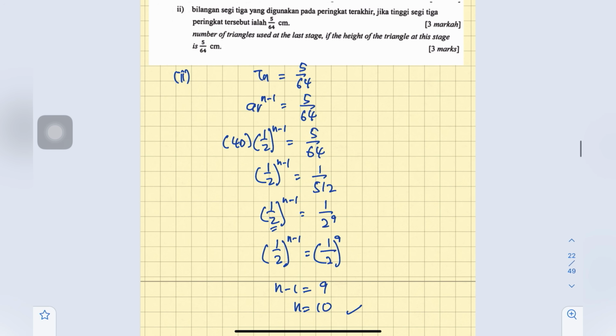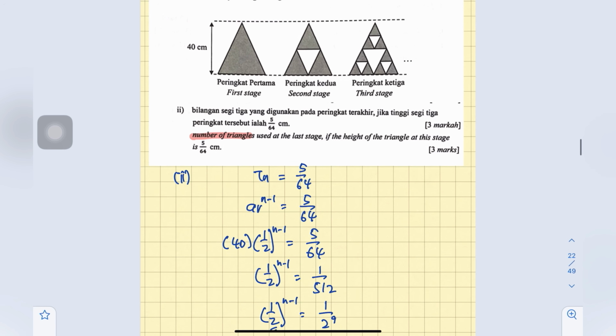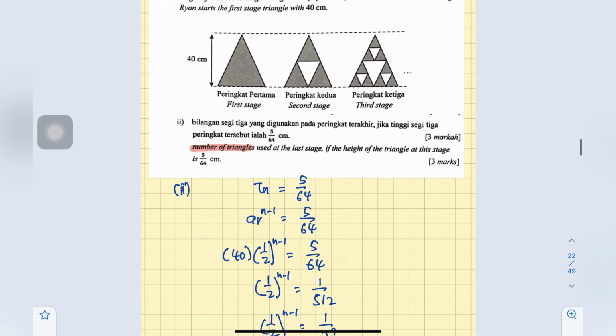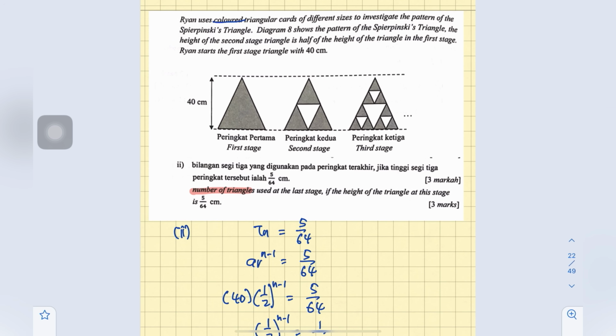But they want the number of triangles. So we need to create another progression for the number of triangles. Now look here, they want the coloured ones. The first one has one triangle, the second one has 1, 2, 3 triangles, the third one has 1, 2, 3, 4, 5, 6, 7, 8, 9.